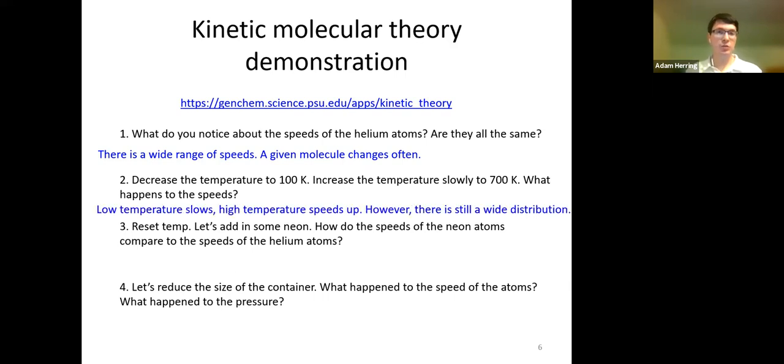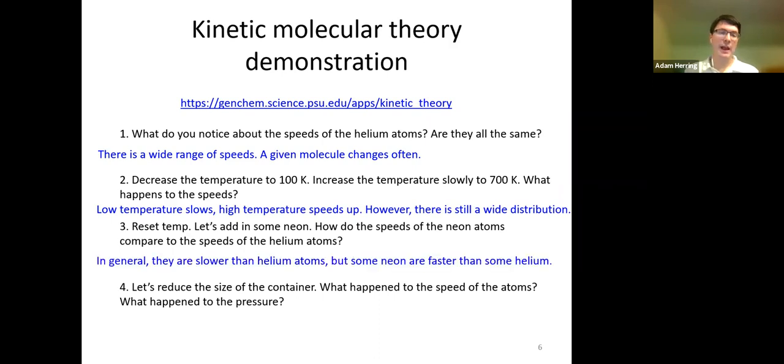Well, as the temperature goes down, the collection of particles is slowing down on the whole. And as the temperature increases, the molecules are speeding up on average. However, it's important to recognize that there still is a distribution of speeds.